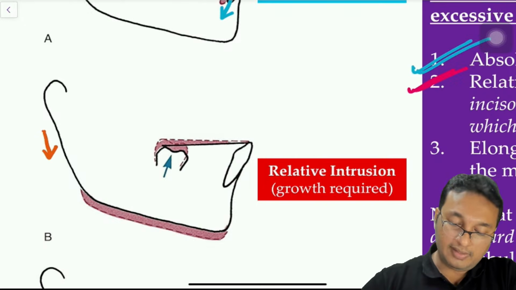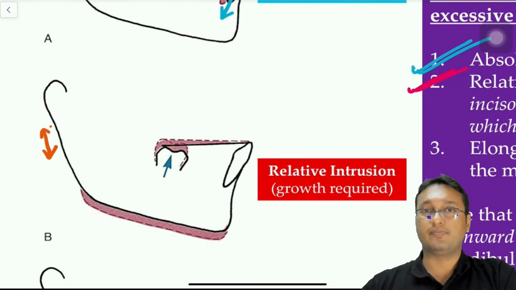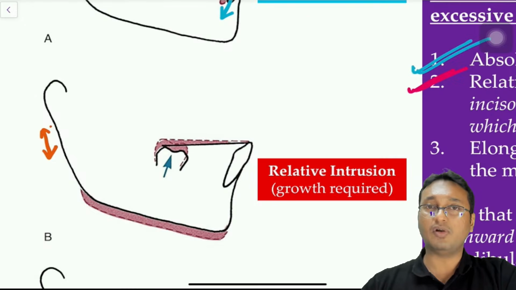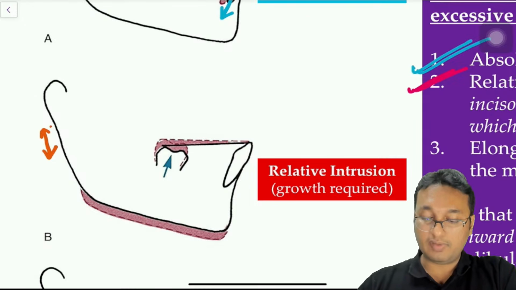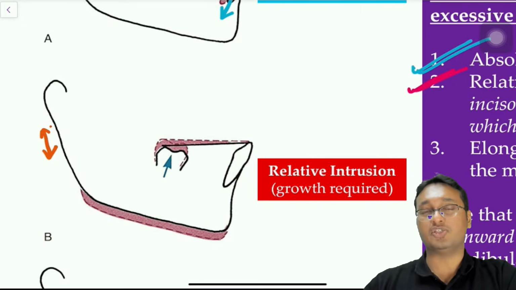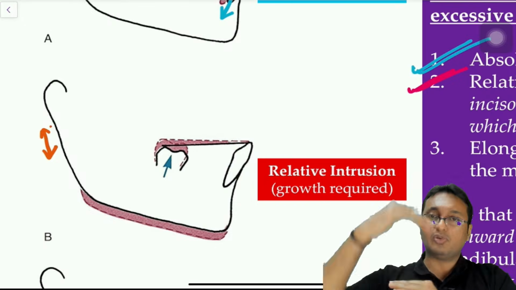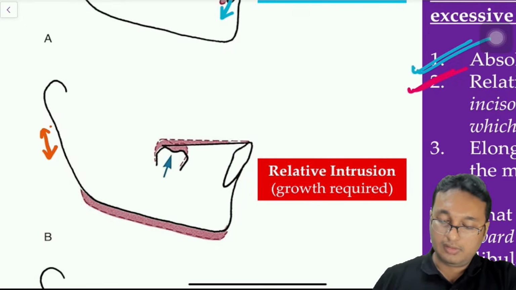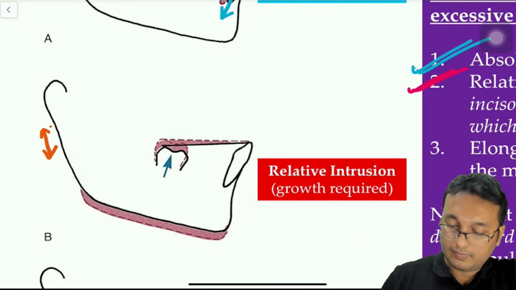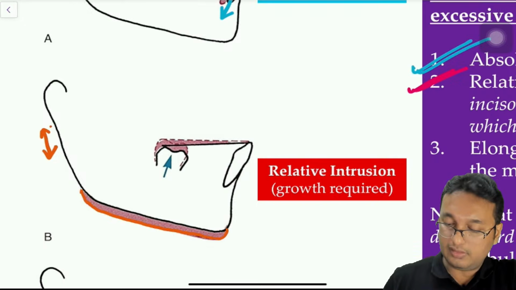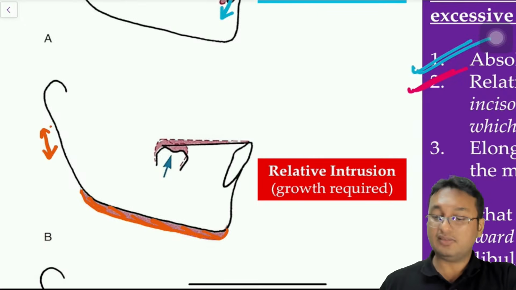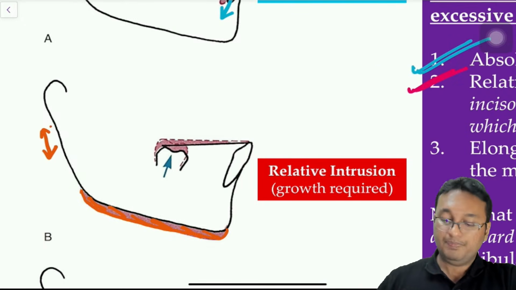The ramus is growing in a vertical dimension. This is what we are going to achieve during the growth phase of the child, of the teenager. You can see here, this orange colored graphical representation is the excessive growth of the mandible, which has occurred in the vertical plane.